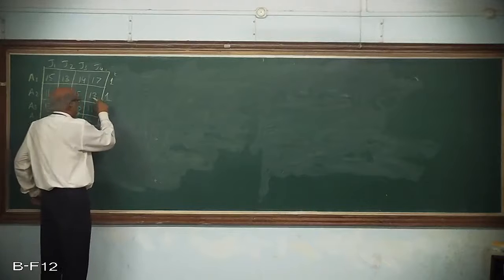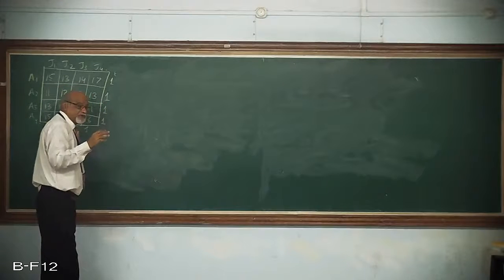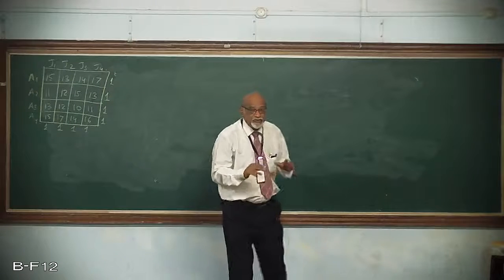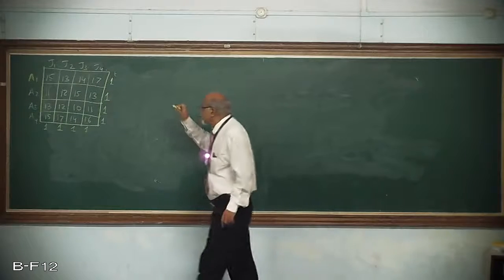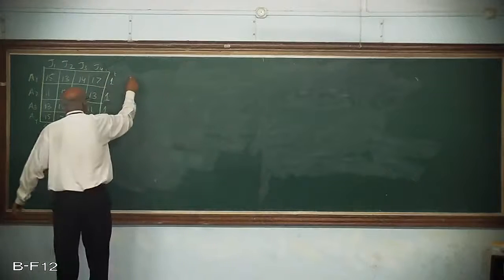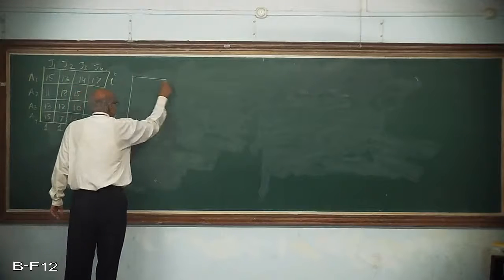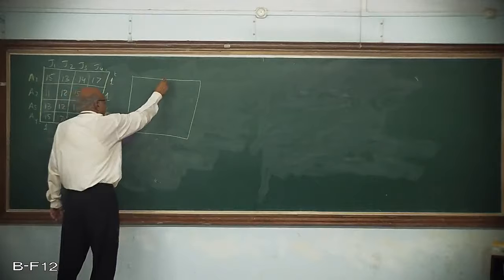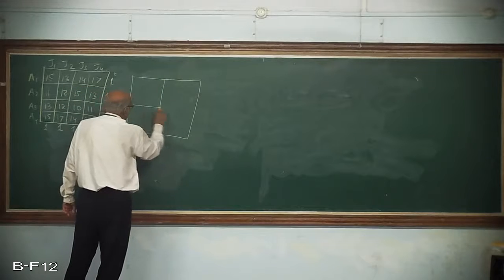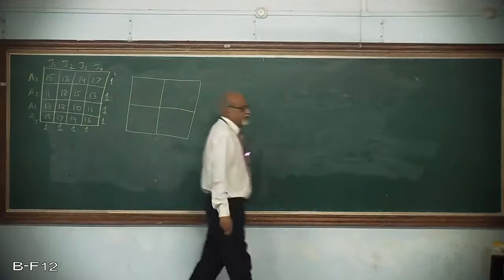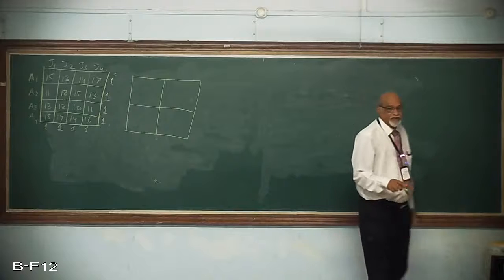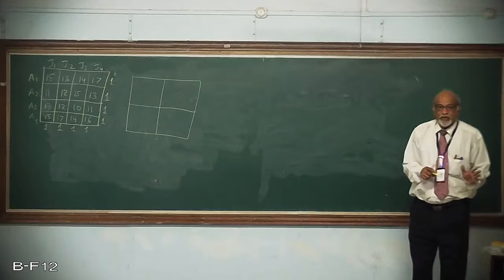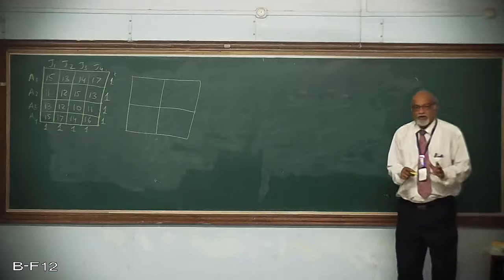So now, according to the first theorem, in consequence to the second theorem, I will try to create zeros. How best can I create the zeros in each row and column? That is what we should see. Always in this OR technique, we start with the rows first and then the columns. You might remember in the case of transportation also, first we go for the row in the northwest corner rule or row minima or whatever it is.